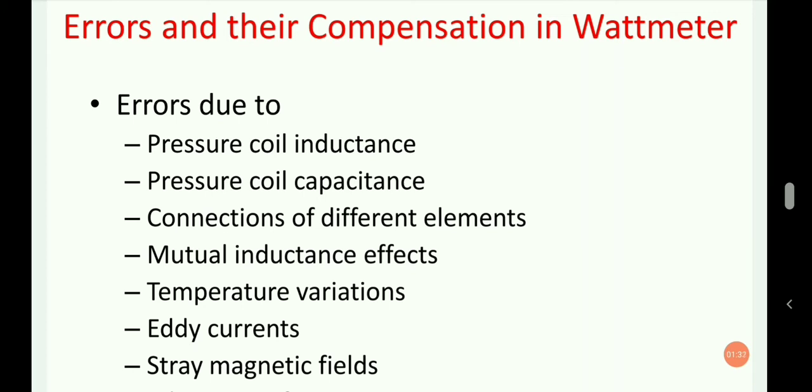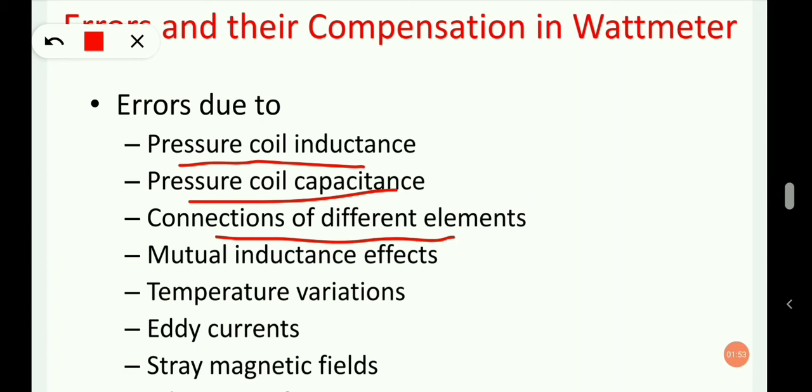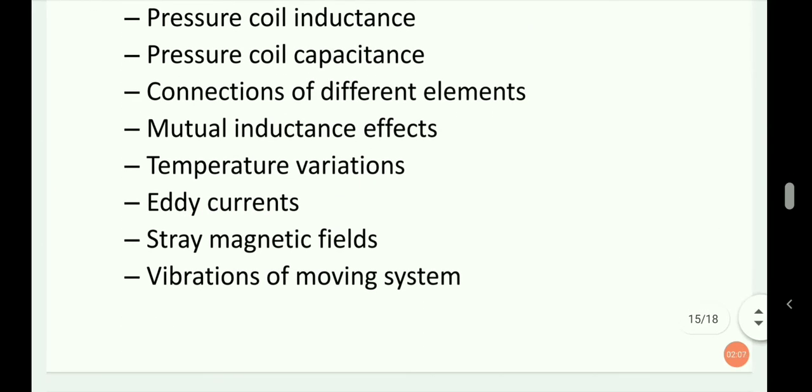Practically, some errors always exist in the instruments. These errors may be due to various factors such as pressure coil inductance or pressure coil capacitance, connection of different elements, mutual inductance effects, temperature variations, eddy currents, stray magnetic fields, and vibrations of moving system.